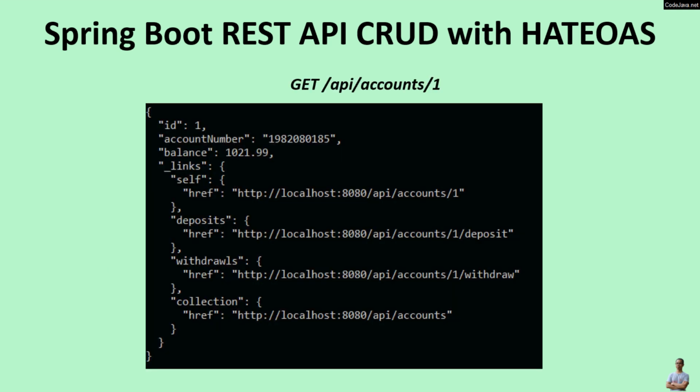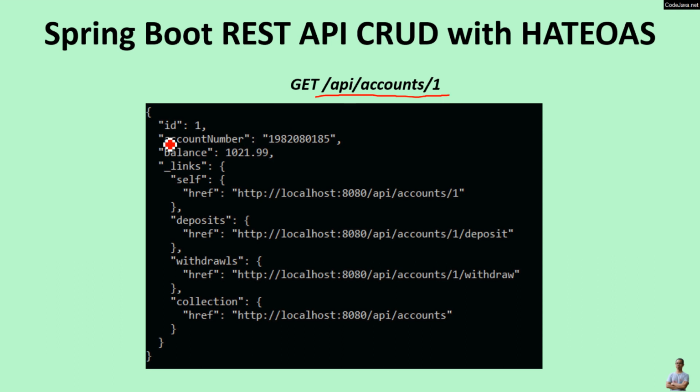Let's look at a sample data returned by the API identified by the URI /api/accounts/1, meaning that it returns the information of the account ID 1.